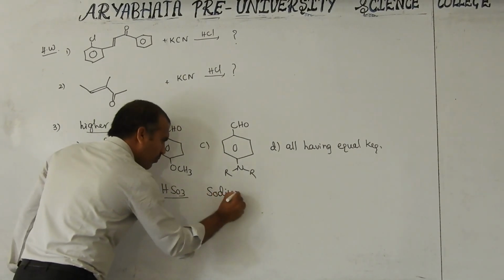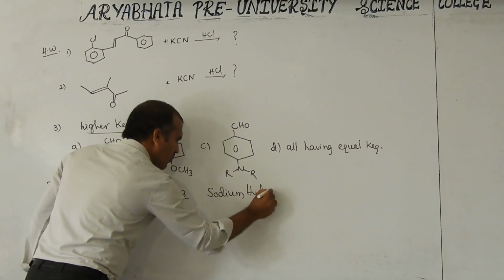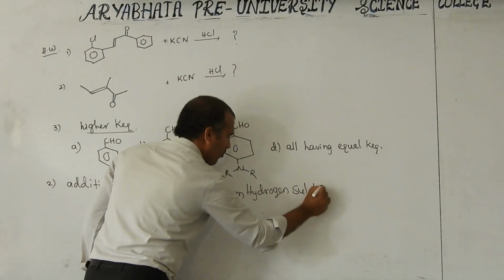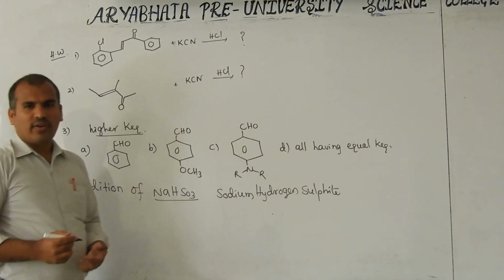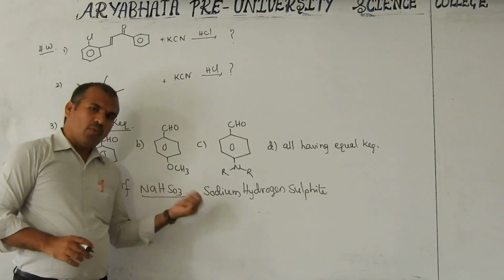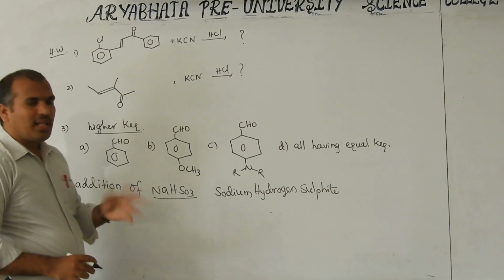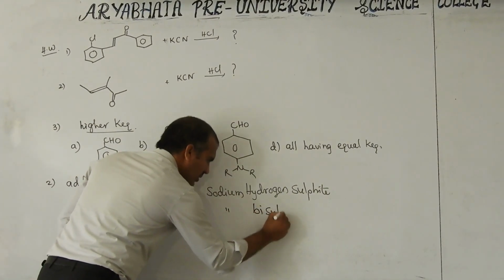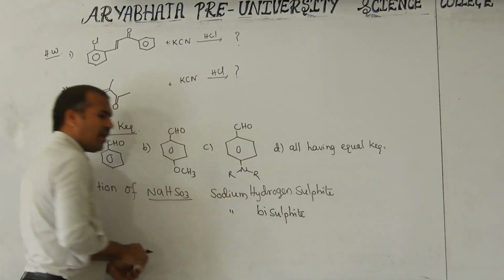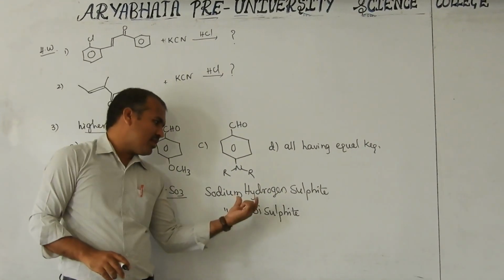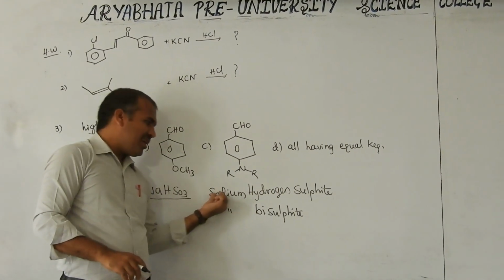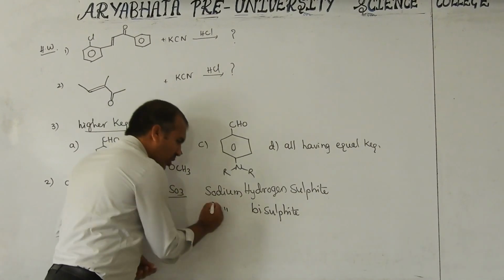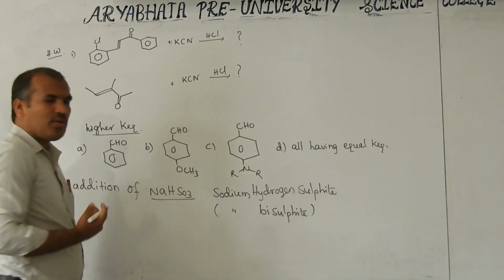Sodium hydrogen sulfite, otherwise the older name, sodium bisulfite. This is the old or common name, but this is the IUPAC name. Generally the IUPAC name is used, but in some competitive exams and boards they may also use the common name.